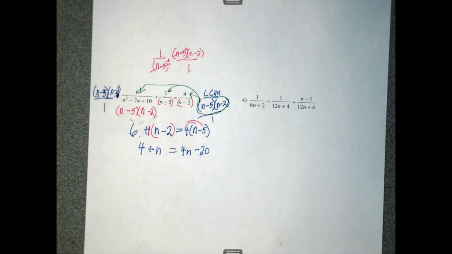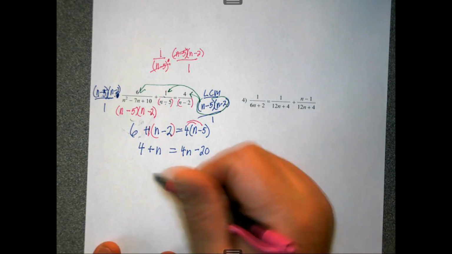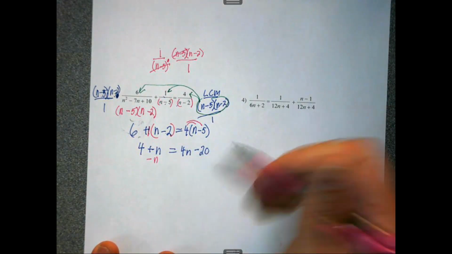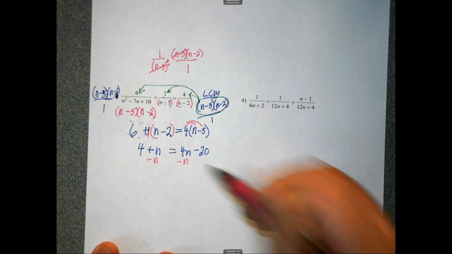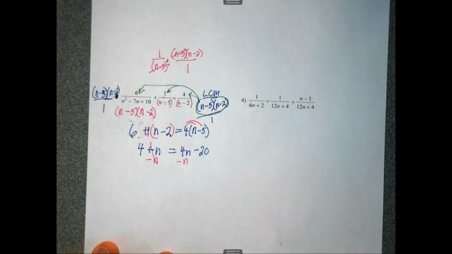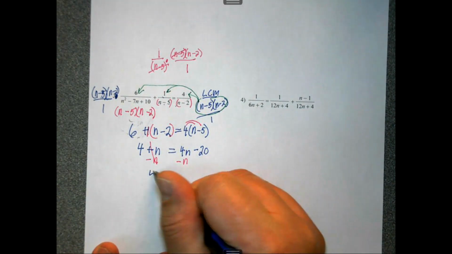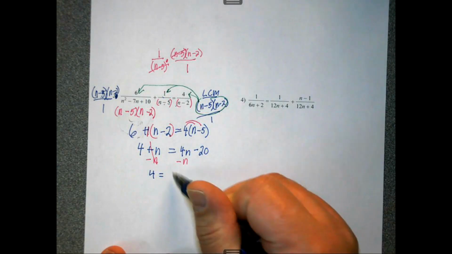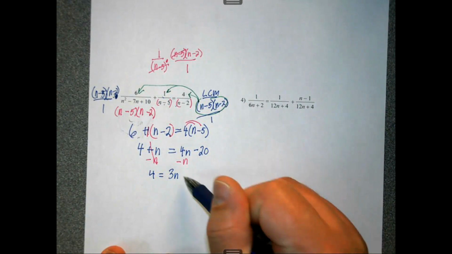I got to solve for n, so n has to get to one side of the equation and the numbers on the other. I'm going to subtract the n, just because I prefer to keep it positive. So I get 4 equals 3n minus 20.